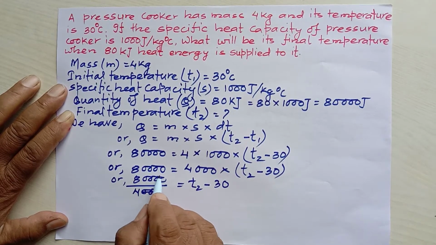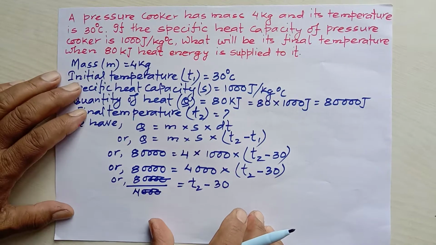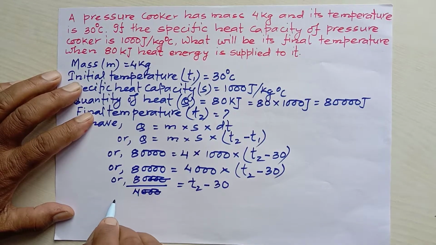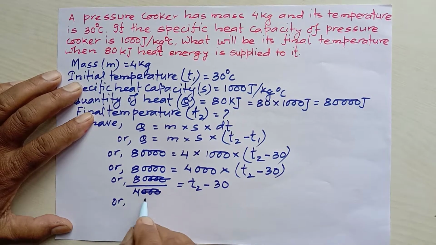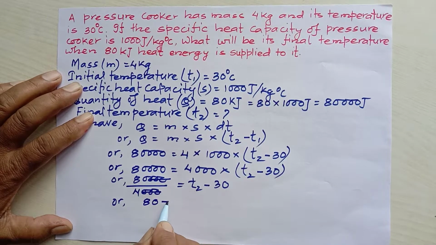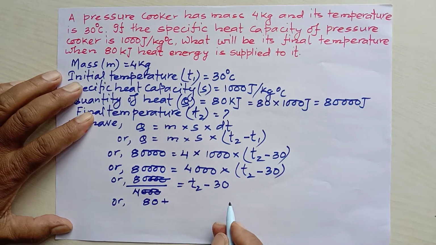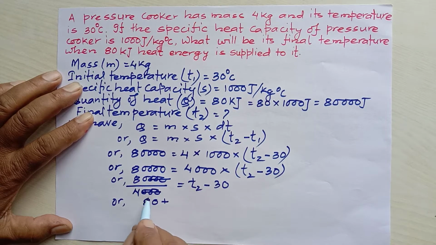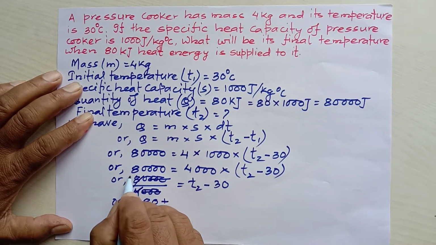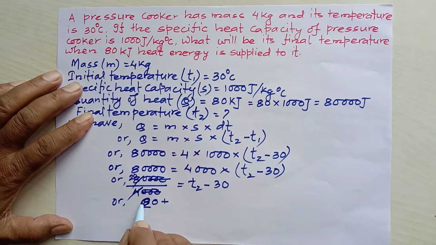If we cancel, then what happens? 80 divided by 4, it's better to cut it. 4 ones are 4, 4 twos are 8, it becomes 20 only, not 80.